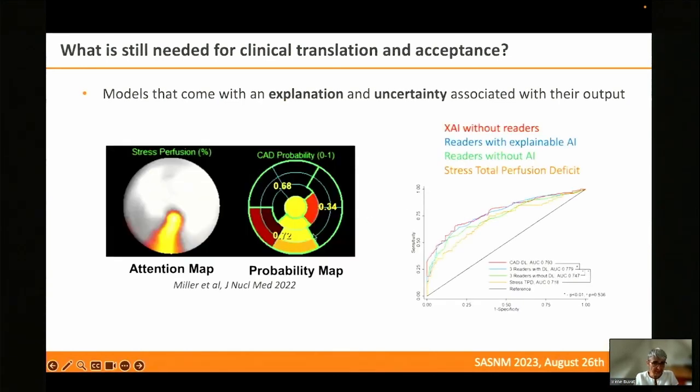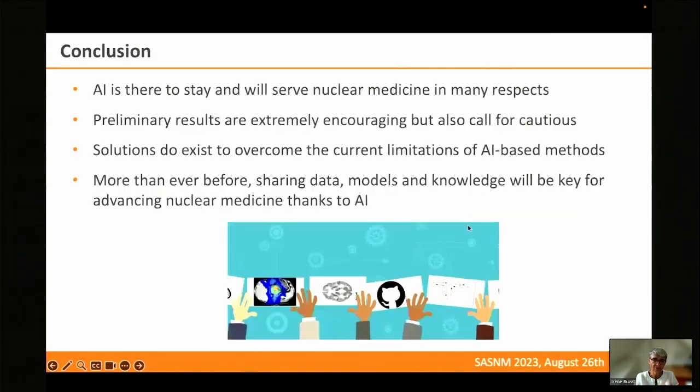For instance, here in cardiac imaging, the goal was to detect perfusion defects, and the AI produced a map displaying where the perfusion defects were found and with which probability. And it was found that readers using that AI outperformed the readers that did not have this AI assistant. So that's the blue curve against the green one.